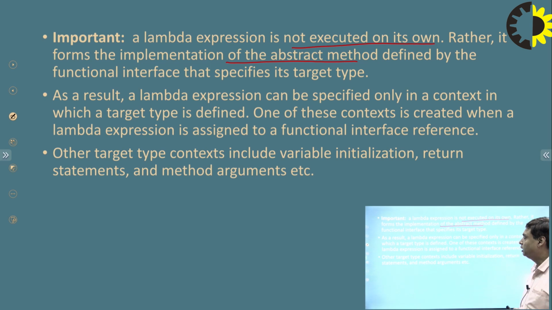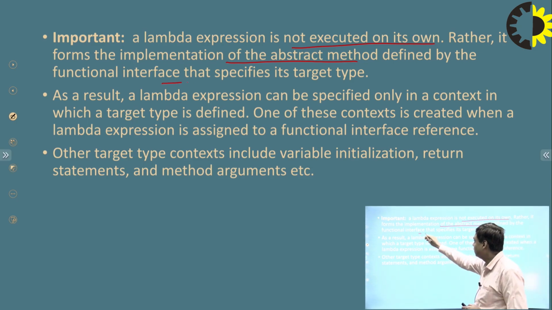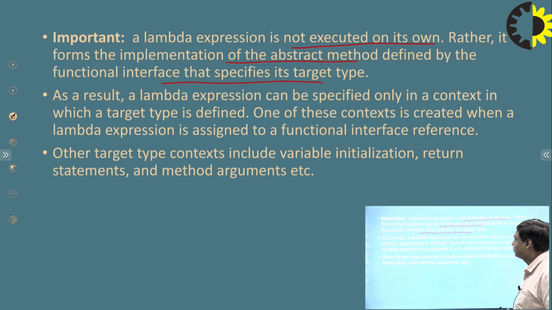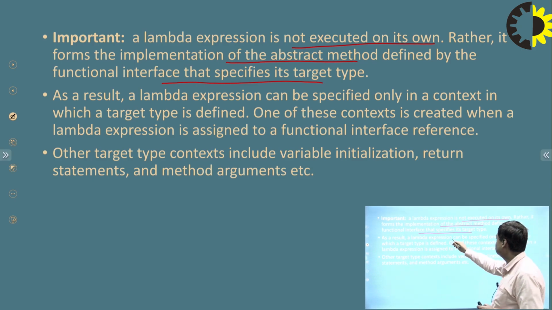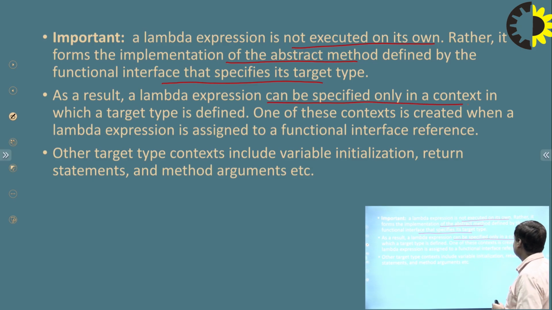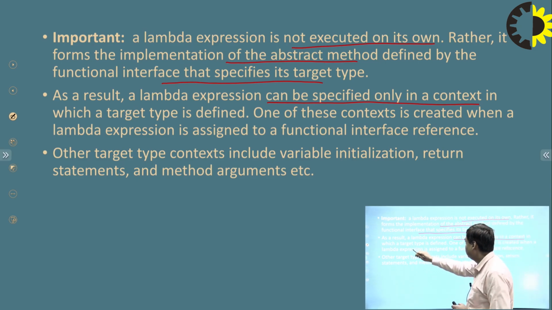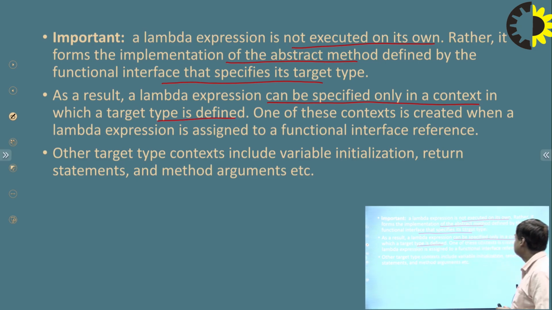Recently I gave an abstract method getValue. So we can give the implementation of the abstract method with the help of lambda expression. And this abstract method is defined in the functional interface. As a result, lambda expression can be specified only in the context in which a target type is defined.